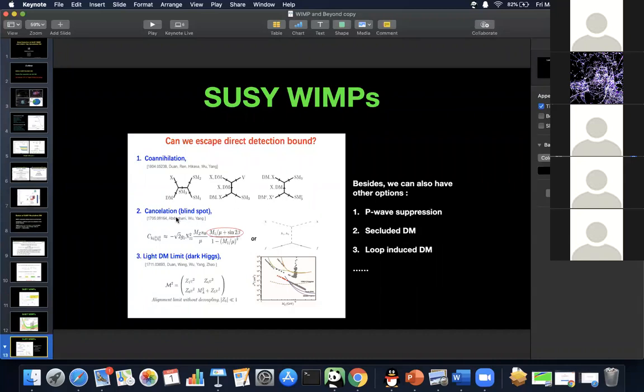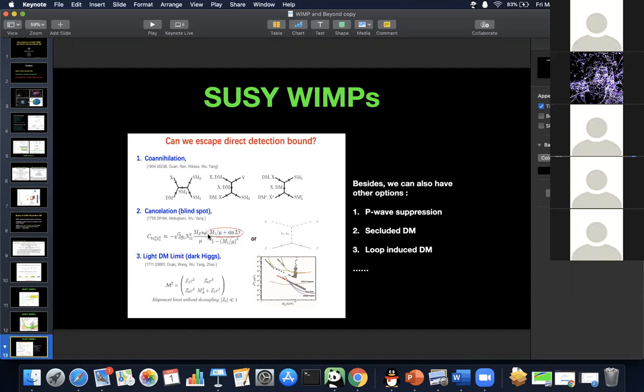There's also another way, which is called the blind spots. A blind spot happens in some accidental case, because if we calculate the scattering cross section between dark matter and the nucleus, we can find that the couplings between the dark matter and the Higgs mediator depend on this factor.